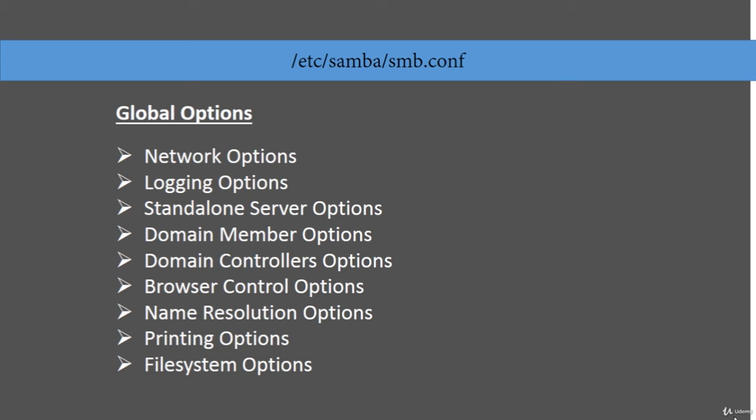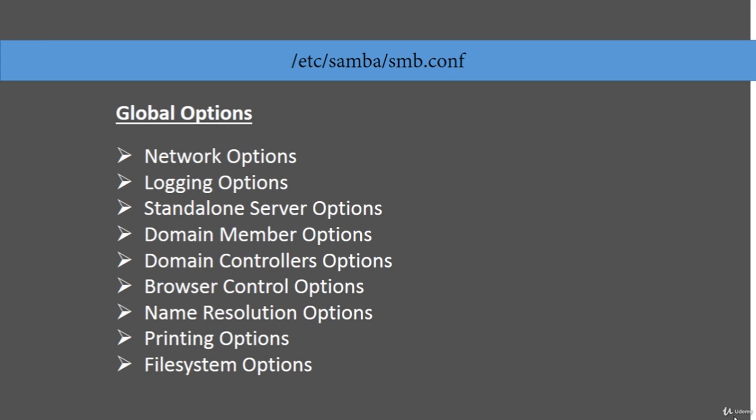Printing options are how the drivers are going to be handled, how the printing is going to be queued, and how many printers are going to be installed. This is where that goes. File system options: Samba does provide extended file system options, and if you're going to use those, then this is the section.